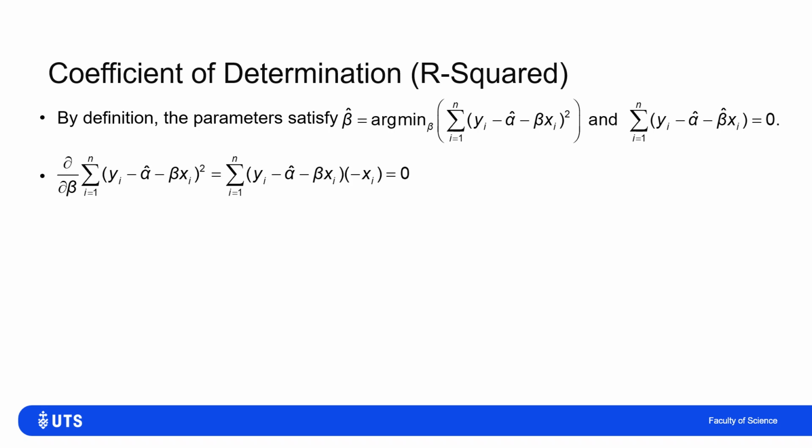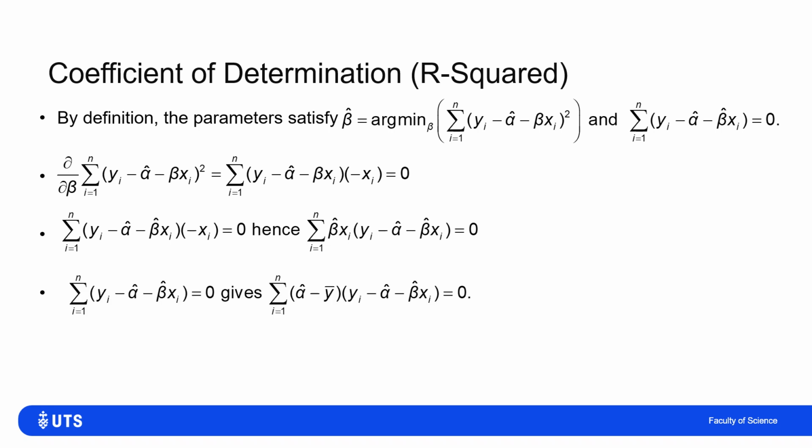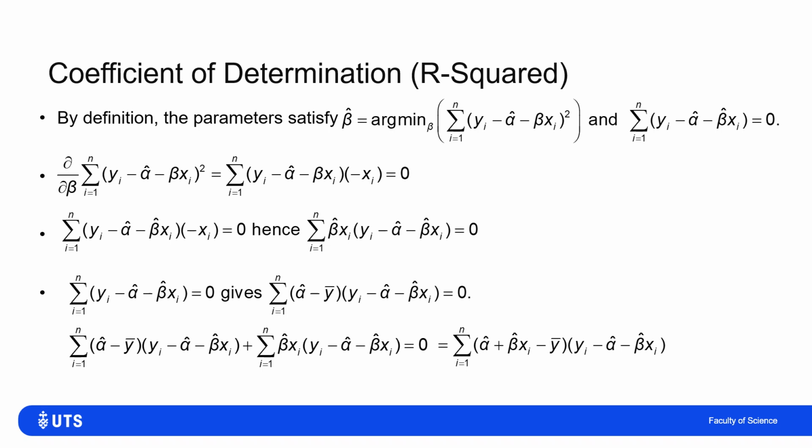If I work that through, the derivative having to be 0, and I apply the other constraint as well, then a little bit of rearrangement does in fact give me that this term, the sum of (y hat minus y bar) times (yi minus y bar), has to be equal to 0. So the two definitions are equivalent.